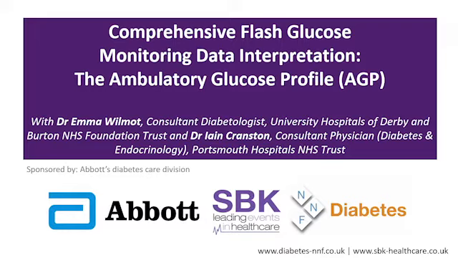I think the commonest error is people trying to make conclusions when there's actually relatively little data. Because the AGP will look very similar whether you're looking at fully collected data or only 50% collected data. But of course, the degree of confidence with which you can interpret that is going to be really different for those two circumstances.